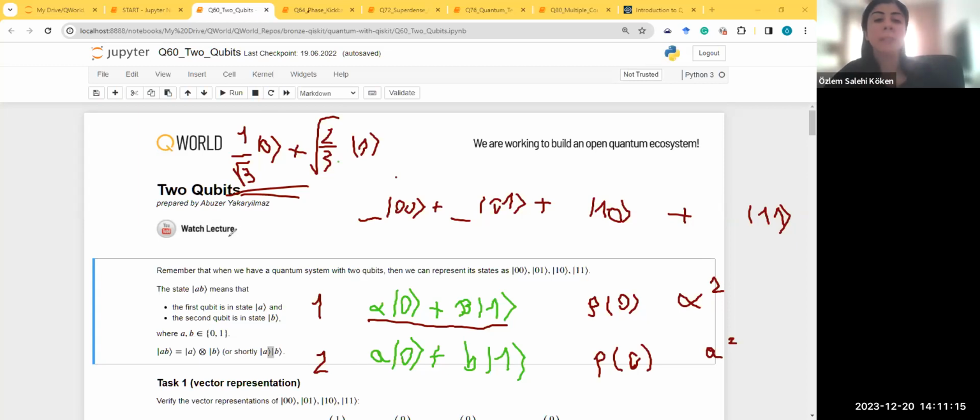Now I am going back to my first question. What should be this amplitude? If I write the combined state, what should be this amplitude? Okay, there's an answer, alpha times a.